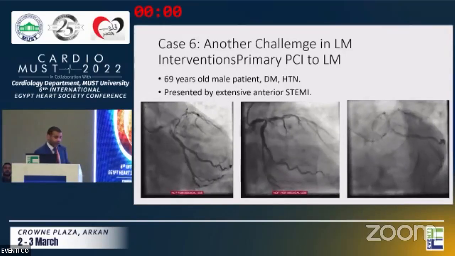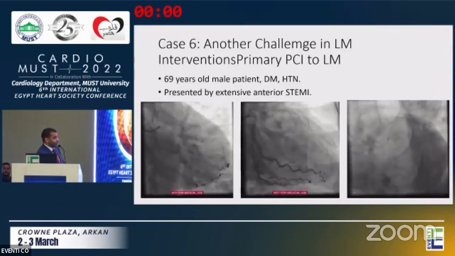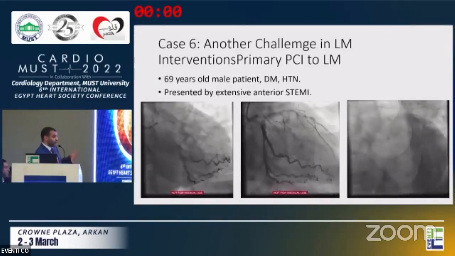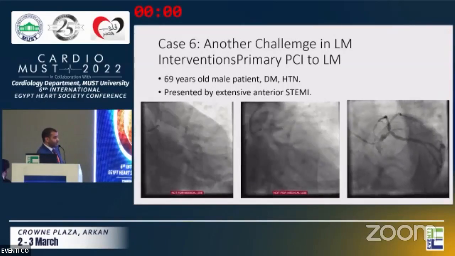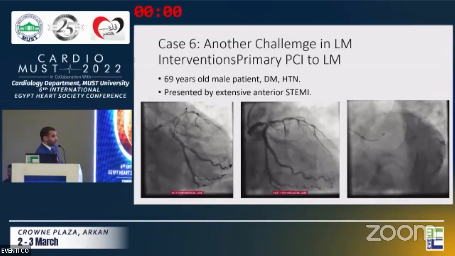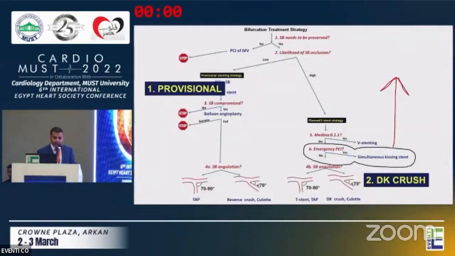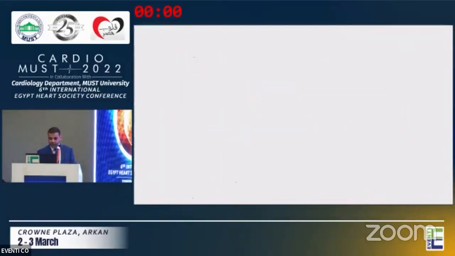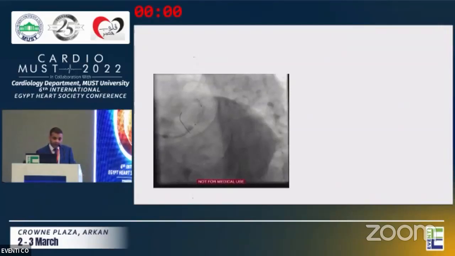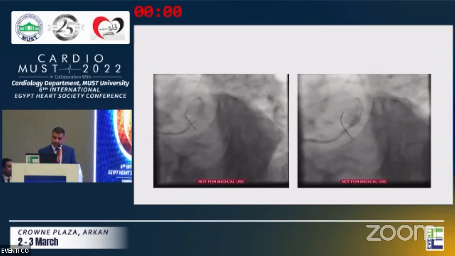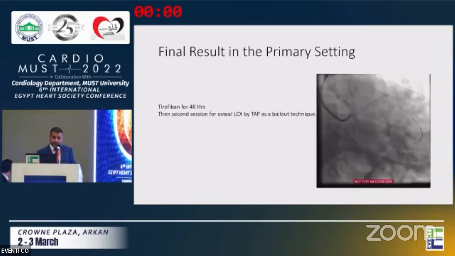So here it's very important that if we go for traditional ways in left main bifurcation, so DK crush or even TAP, just by doing kissing, 90% you will get a no-reflow phenomenon. So in this case, I preferred not to use V stenting. I don't like this technique a lot. But I went for provisional stenting. And I know I'll have a snowplow, and I know I'll have a compromised LCX.